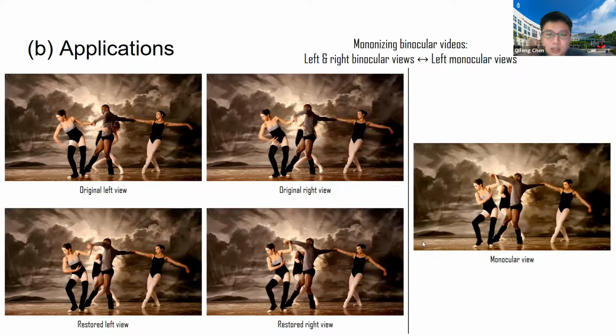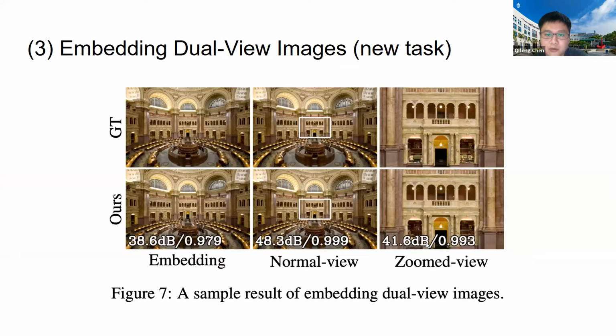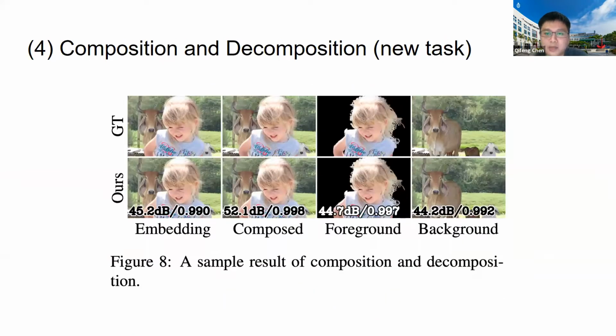The model doesn't even know this is a stereo image, because our framework is designed to be very general. We can embed any type of image into a single one. So it's not restricted.